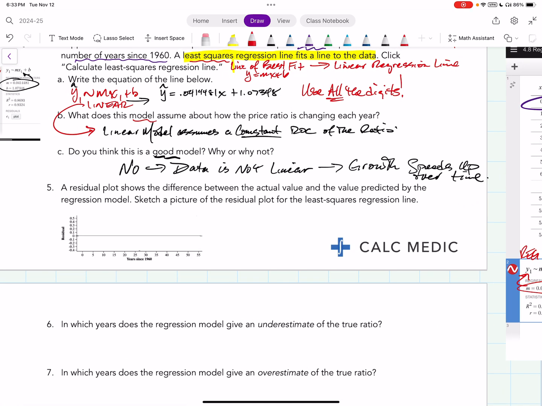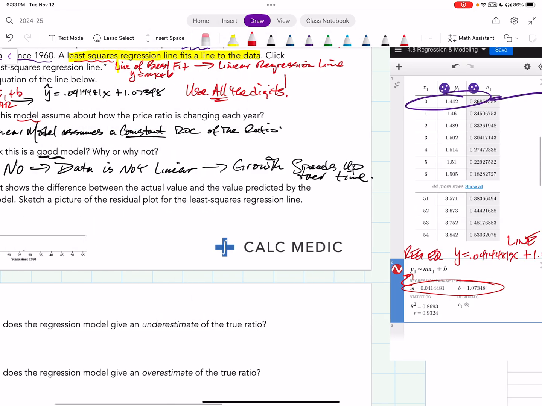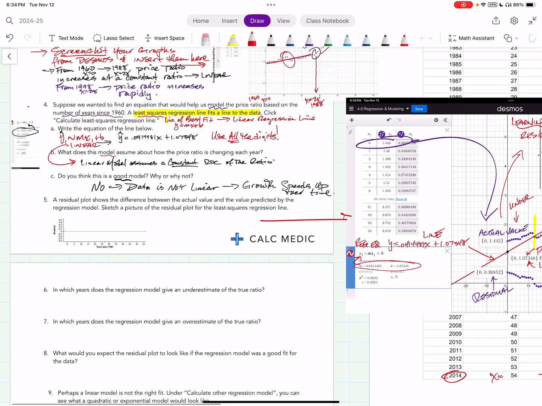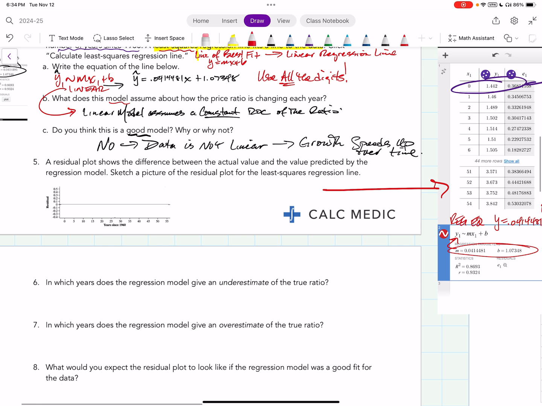A residual plot shows the difference between the actual value and the value predicted by the regression model. Sketch a picture of the residual plot for the least squares regression line. We already did that. It's over here. So just remember, let's put this big and bold in red.